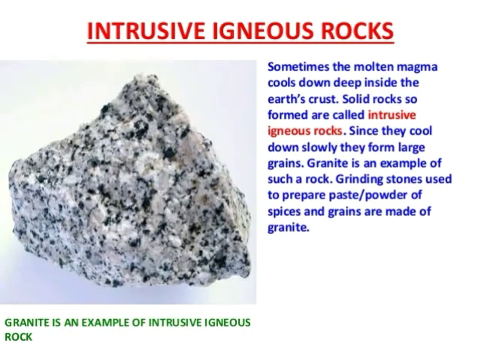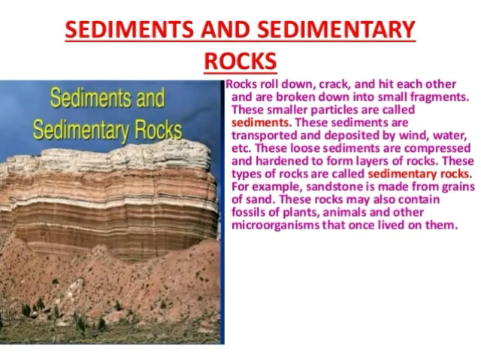Okay, and granite is the example of such rock. You can see from the picture, it's clear. On the surface of the earth we find extrusive igneous rock, and inside the surface of the earth we find intrusive igneous rocks.